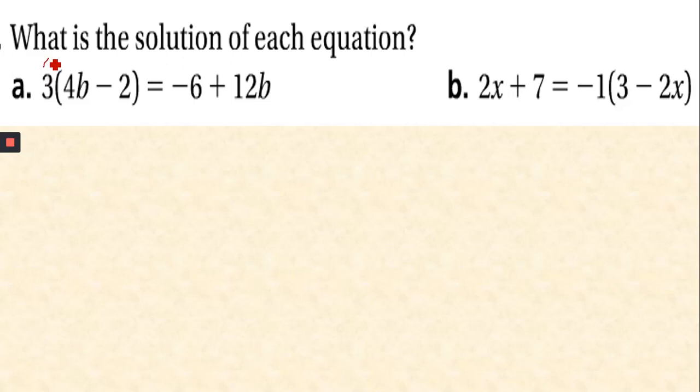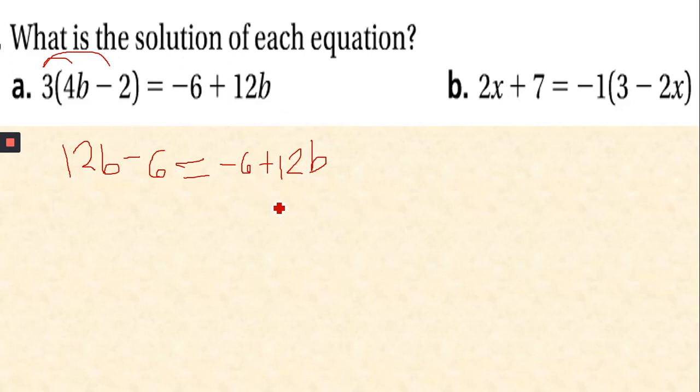So we have 3 times 4b, that is 12b. Then 3 times negative 2, that is negative 6, is equal to negative 6 plus 12b.